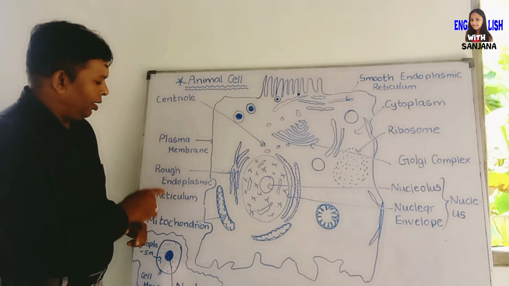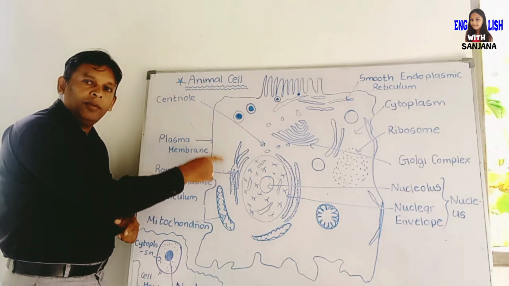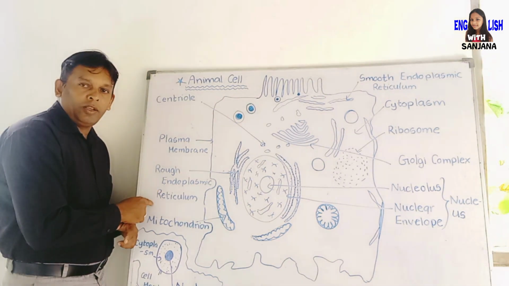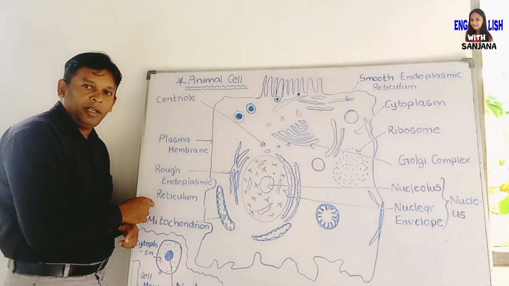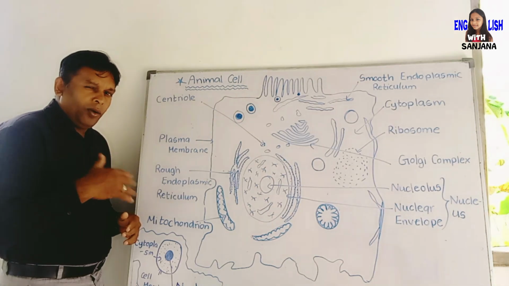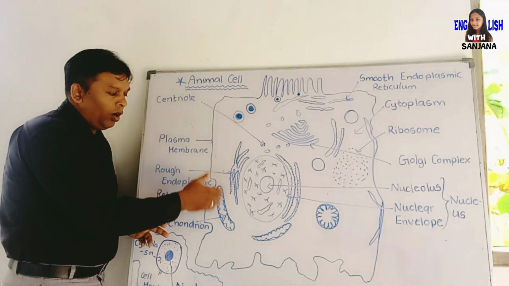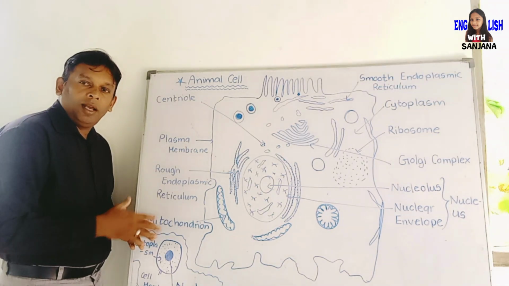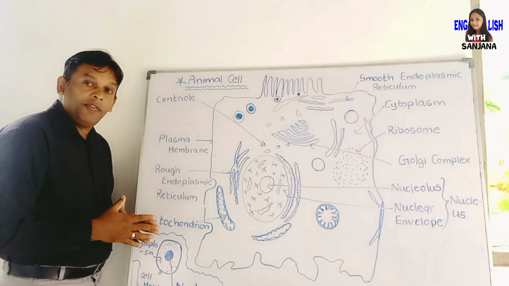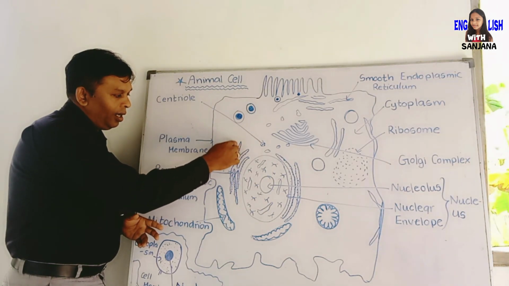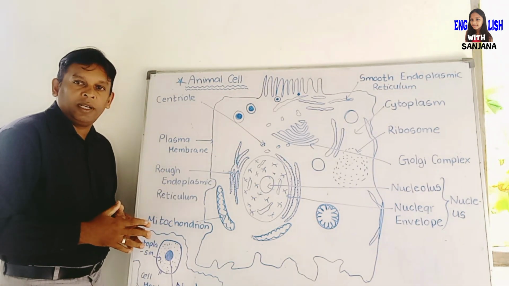Right, after that we will have a look at this small part here, the rough endoplasmic reticulum. I already told you in my previous video about the plant cell. We call this structure the rough endoplasmic reticulum because these tiny structures are attached to the endoplasmic reticulum.